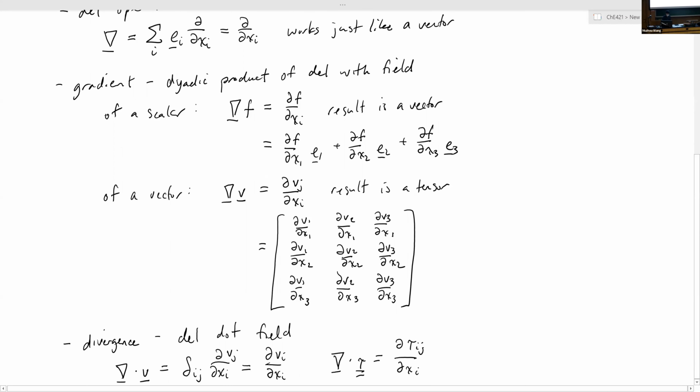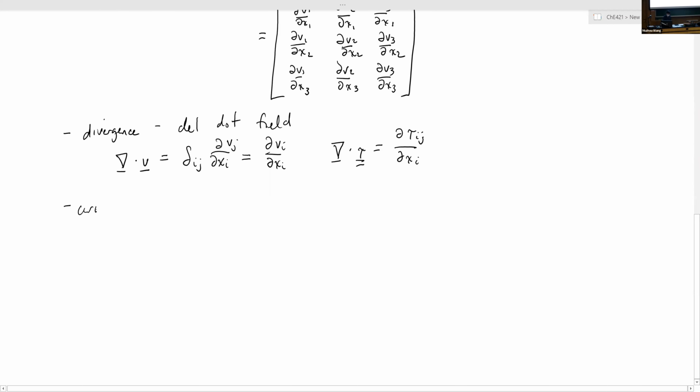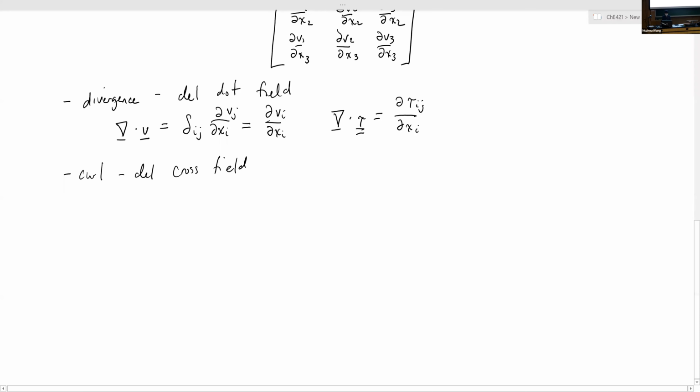Okay. We can also do a curl. That's del cross a field. I can write field, okay? And we have already defined what a cross product is. That's just epsilon ijk. And now it's del cross that, and so the first thing is this.